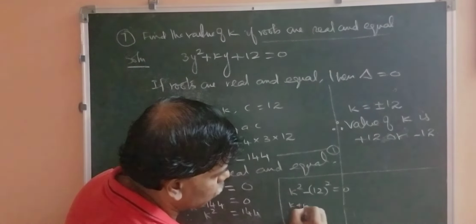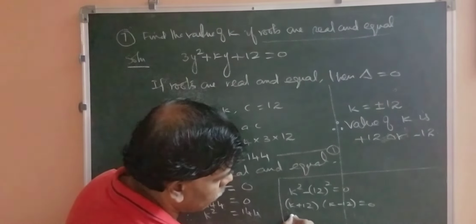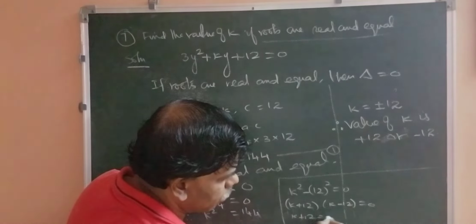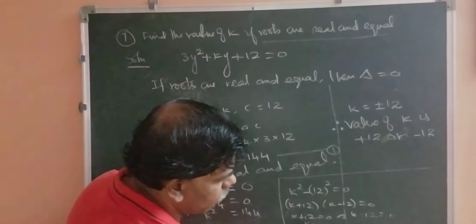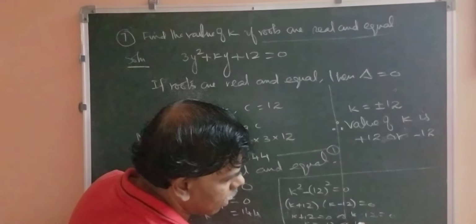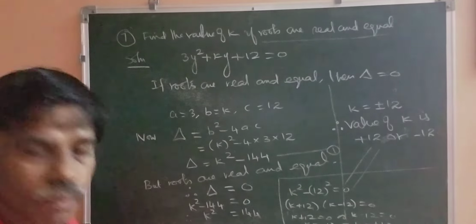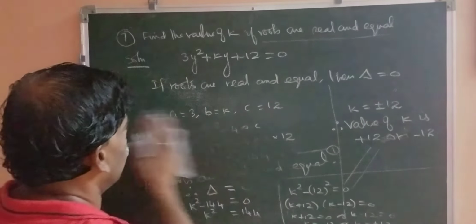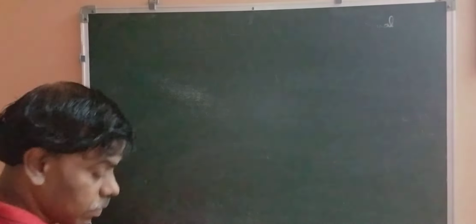So K plus 12 into K minus 12 equal to 0. Therefore, K plus 12 equal to 0 or K minus 12 equal to 0. Therefore, K equal to minus 12 or K equal to plus 12. One and the same. Okay. Now you have to do like this. Now next sum.